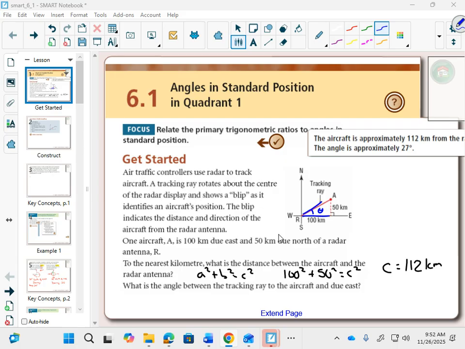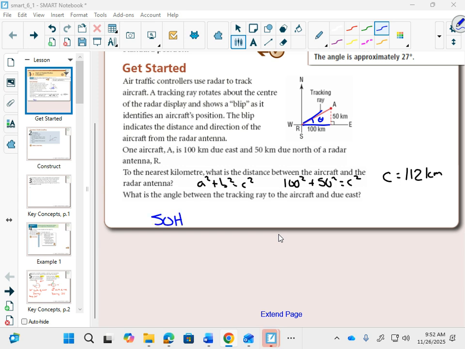And this is where you're reminded of SOHCAHTOA. Anybody never heard SOHCAHTOA before? Okay, so in English, we use this word to remind us that the sine ratio is the opposite side over the hypotenuse.